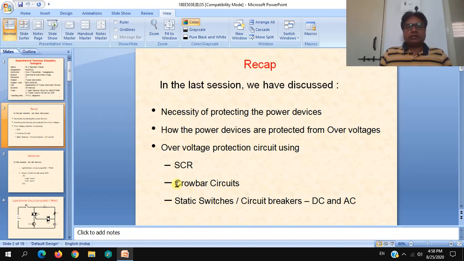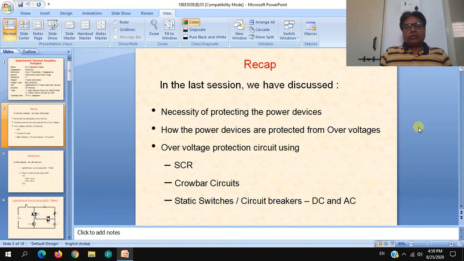And the other thing was crowbar circuit, which is used exclusively when higher energies are to be tapped and dissipated.